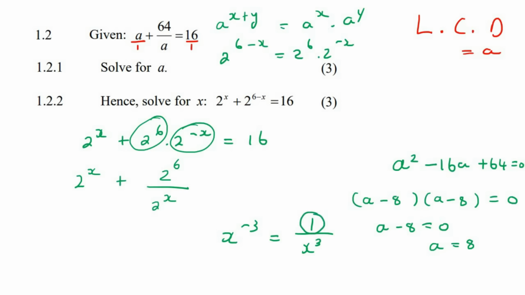So that 1 is only there if there's nothing else to fill in the space. For example, it's pretty awkward if you take this and then you put it at the bottom, because look here, what's at the top? There's nothing there. So when there's nothing there, you put a 1. But in this example, there already was a 2 to the 6 over there. So that's like a placeholder. So you don't need the 1. Okay? And now all of a sudden, look at this, guys. I think we are in business.